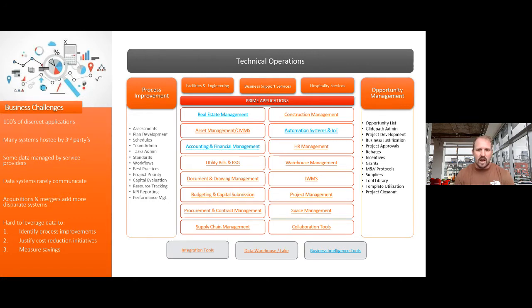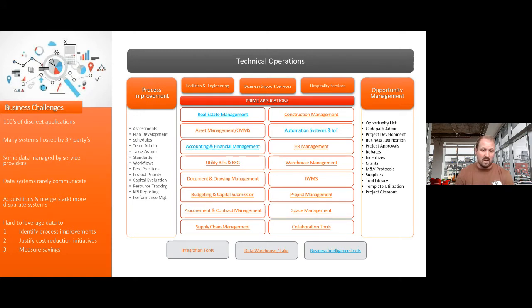Looking at some of those challenges, I think it's the magnitude or the volume of systems, especially in enterprise or large organizations that are spread out geographically, organizations that have gone through a lot of acquisitions and mergers, that just causes these applications to be discrete.